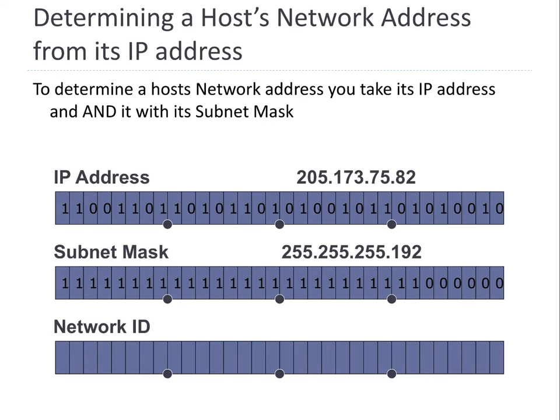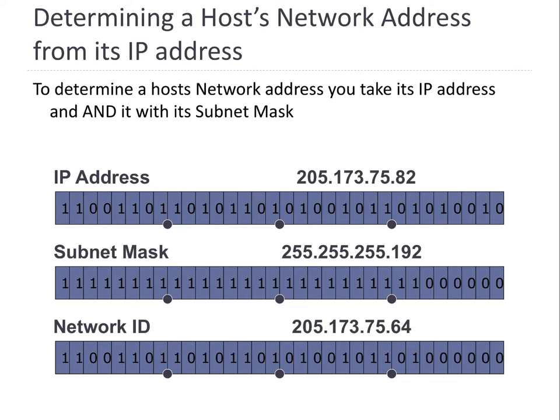And using that information along with a subnet mask, which is an uninterrupted string of ones before you get to the zeros, you can determine the network ID that you're on. So remember that routers separate our networks, and so we need to know what part of our address is the network and what part of the address is being used for assigning individual hosts.